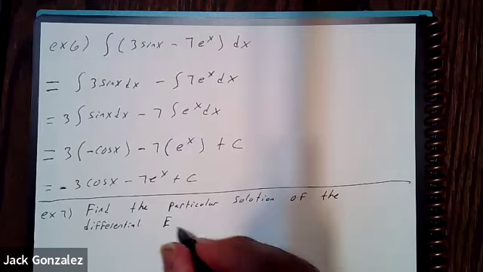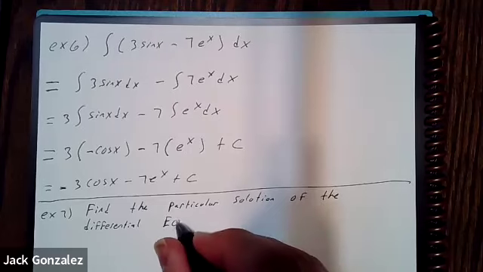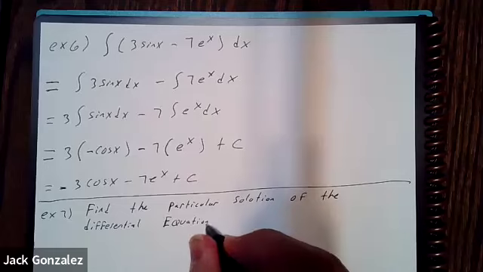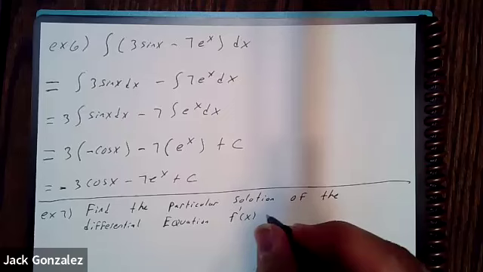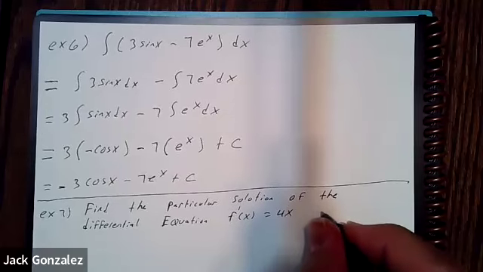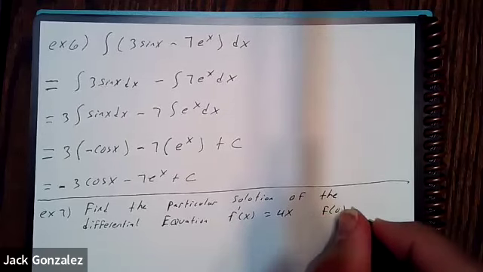So find the particular solution of the differential equation f prime of x equal to 4x, given this initial condition f of 0 equal to 7.